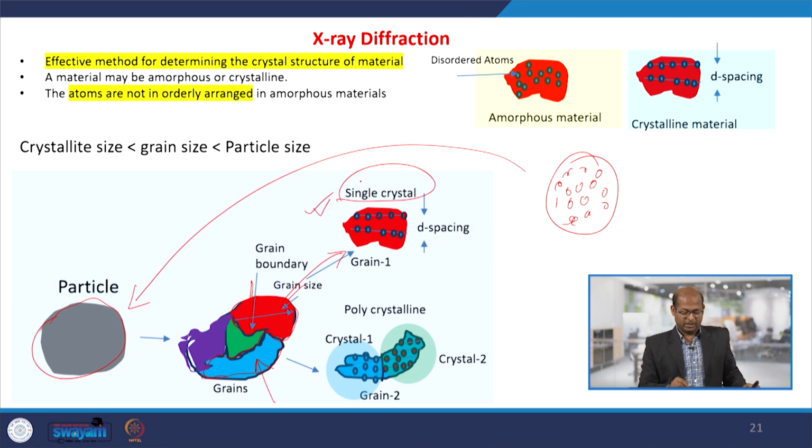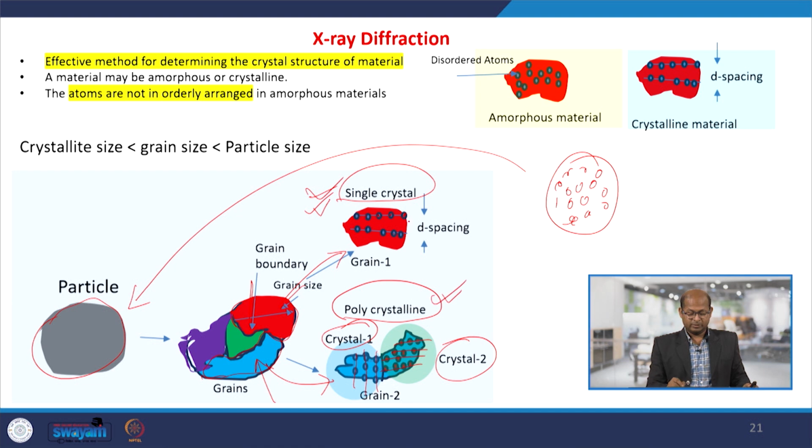So, we can say it is a single crystal. If we take the blue one, this is one type of crystal and this is another type of crystal; two different types of crystals are present in that material. These types of materials are called polycrystalline materials, and this is a single crystalline material.